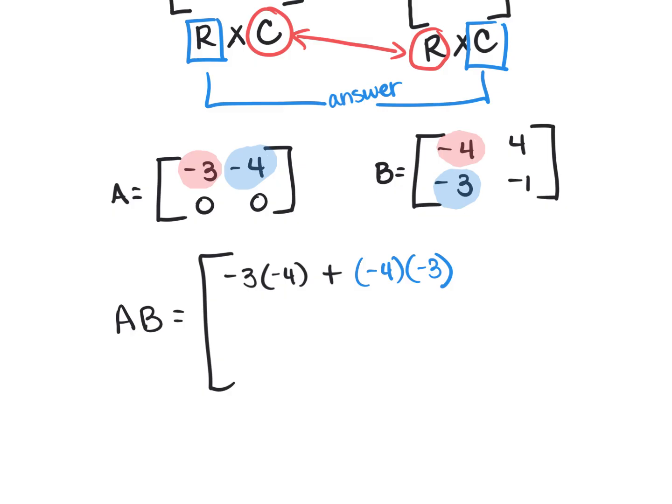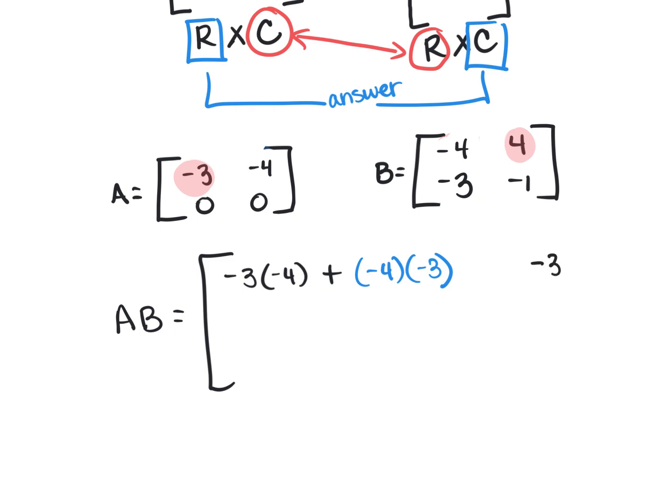Now, what we do from here is reset this. So I'm going to go and reset so that I can start to multiply over. So when we reset, we start back at this negative 3, and this time we're going to multiply by this 4. And when you do this, you slide to the right.